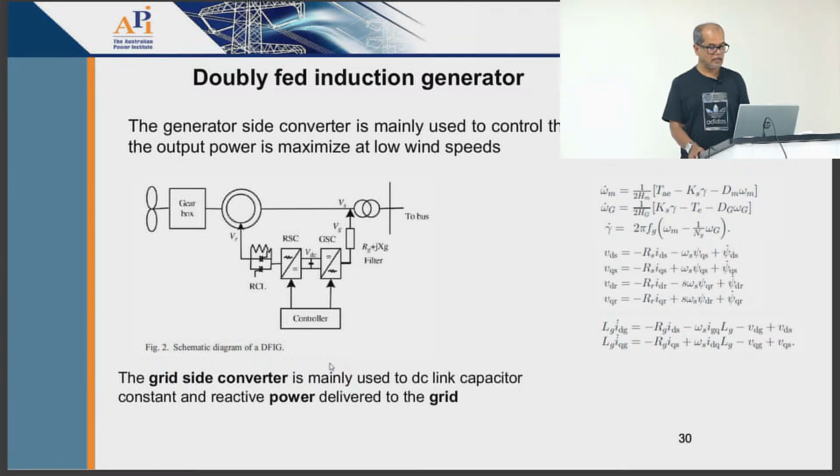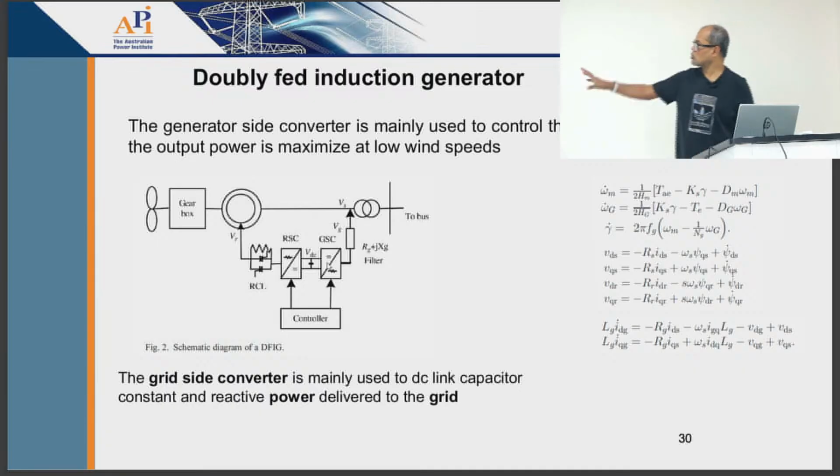Again, for controlling purposes, for the gearbox also there are different types of models available, third order, fifth order. So many people use the first three equations to model that gearbox, and then your generator, both rotor side and stator side, and then for the rotor side converter and grid side converter, you also need different control here as well.